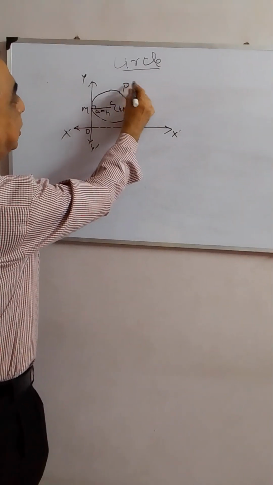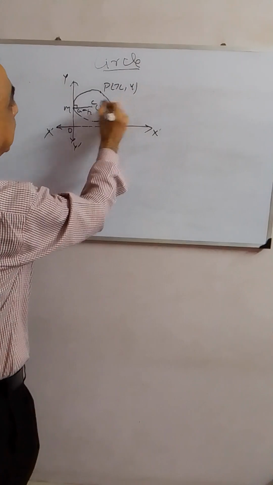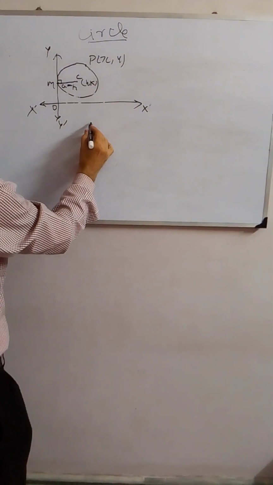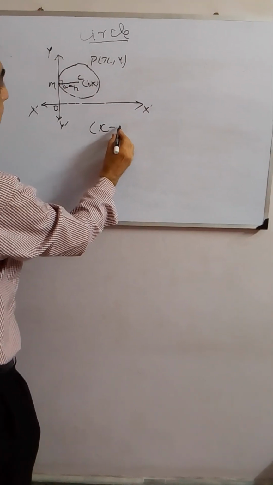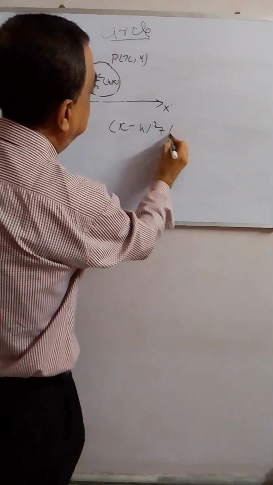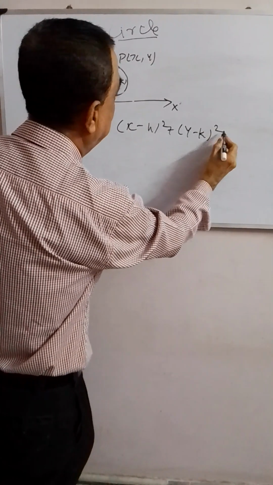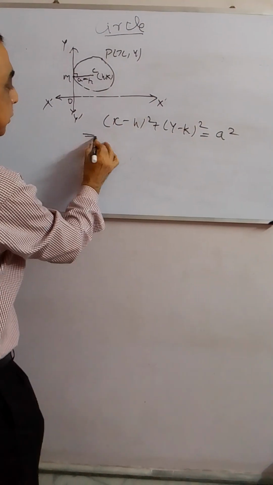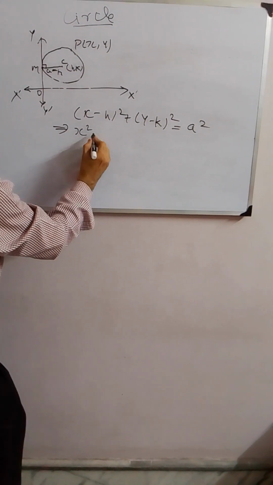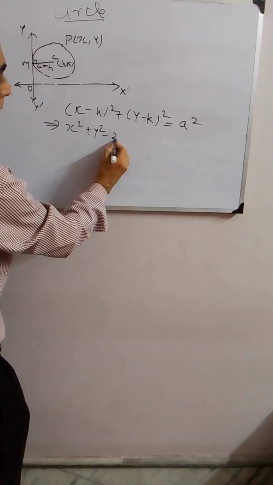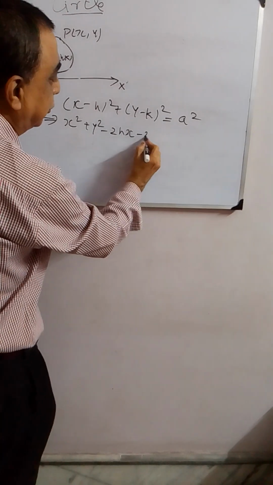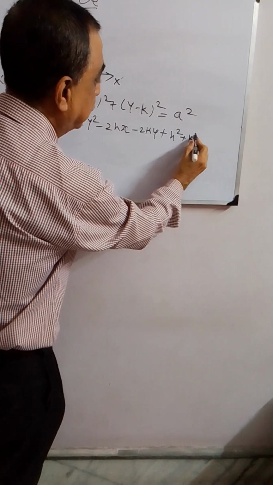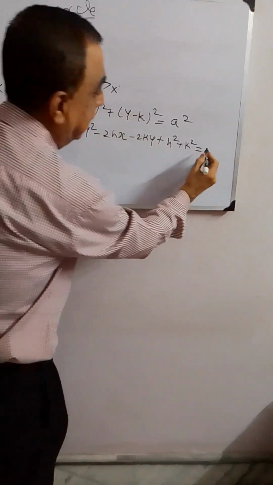Here the moving point is P(x, y), so CP will be a, which is equal to h. So x minus h whole square plus y minus k whole square is equal to a square. The value of a is h. So now substitute and expand it: x squared plus y squared minus 2hx minus 2ky plus h squared plus k squared is equal to a squared, and the value of a is h.